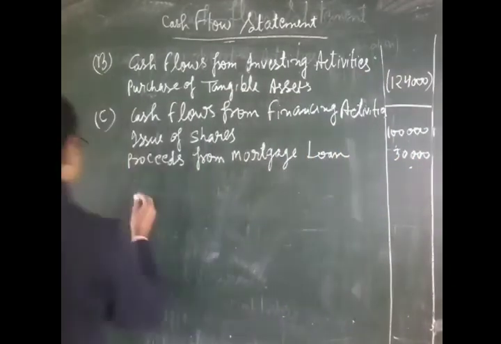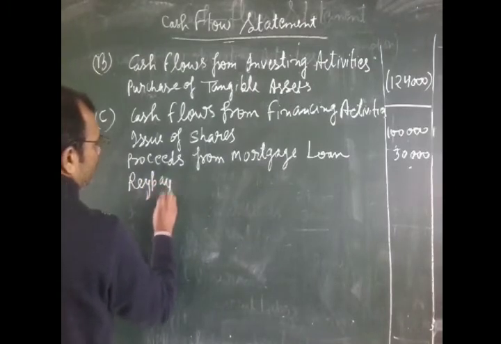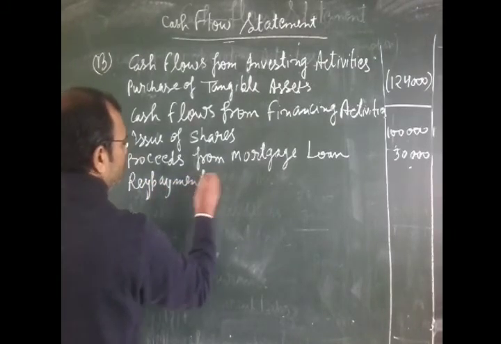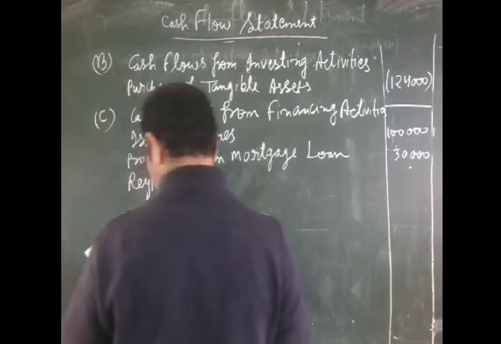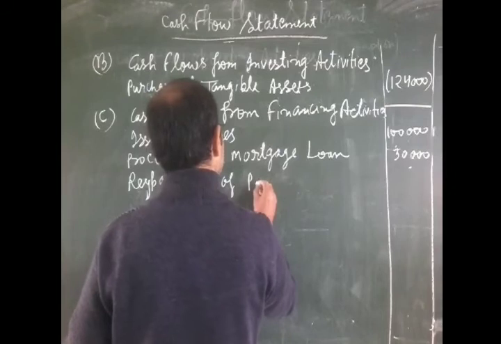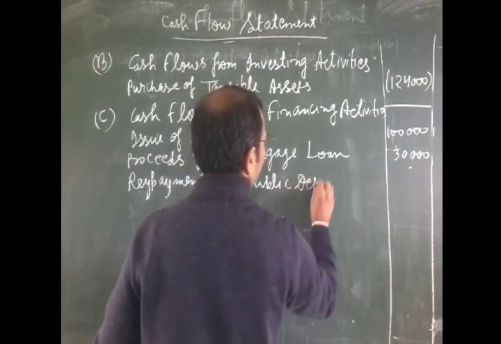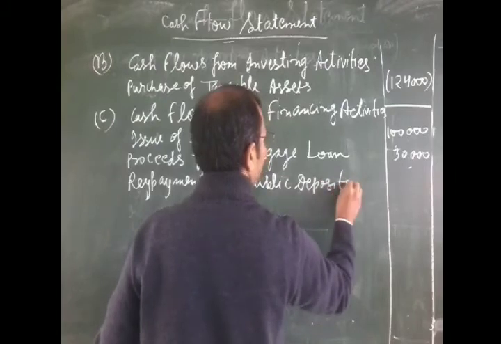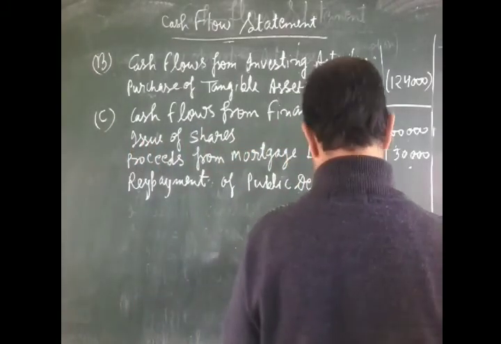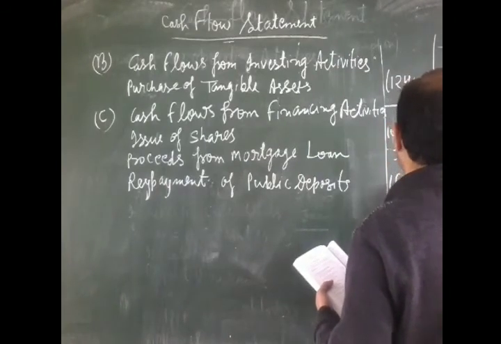The next is repayment of public deposit, and the amount will go out, so we will write here in bracket 60,000.